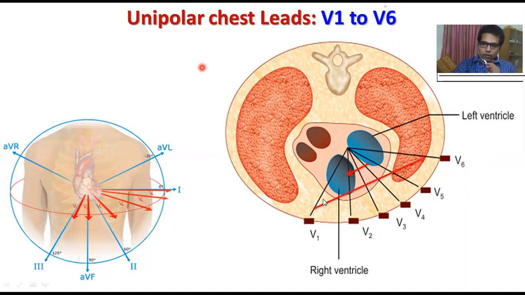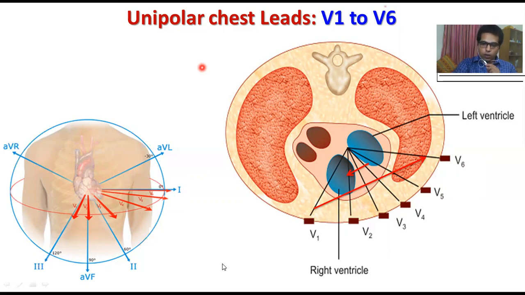Then the major ventricular depolarization actually moves from right to left. So that is the cardiac axis, and this depolarizing vector during the major part of the ventricular depolarization is moving towards the left, or moving away from V1 and V2, and moving towards V5 and V6.